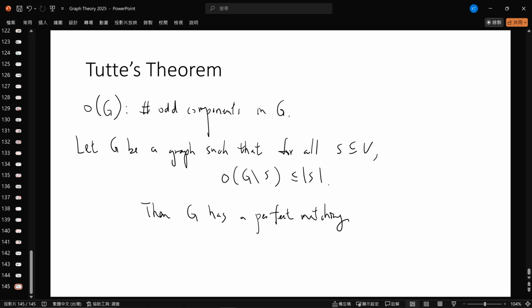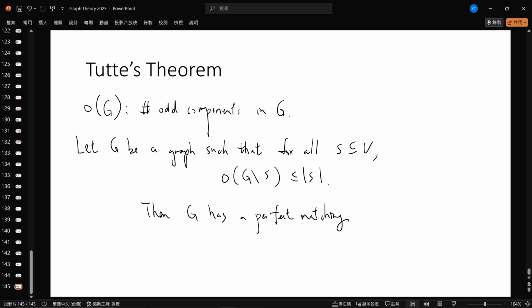And compare it with the size of S, the number of vertices that you remove. If the number of odd components is at most the number of vertices that you remove, then we can show that there's always a perfect matching. So this is Tutte's theorem.